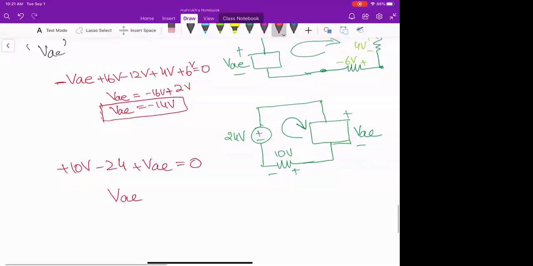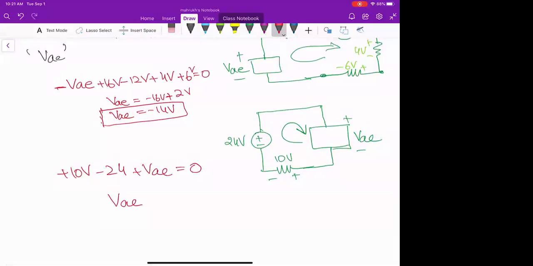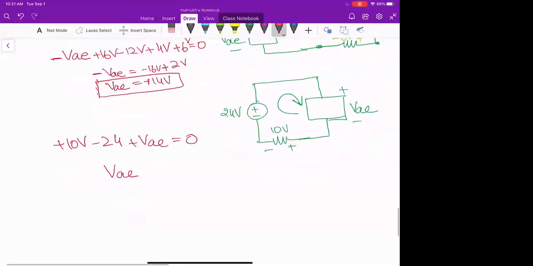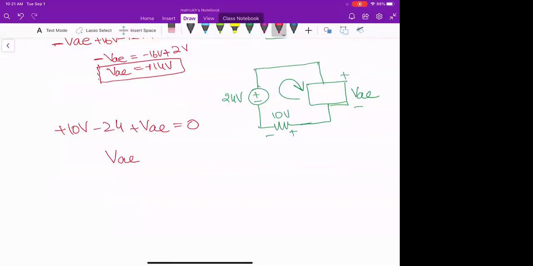Oh, yes, that's good. Okay, because there was also a negative here, right? So it's positive. See, that's how we can verify whether what we are doing is right or wrong. So this is 14 volts. Got it? Is it clear?